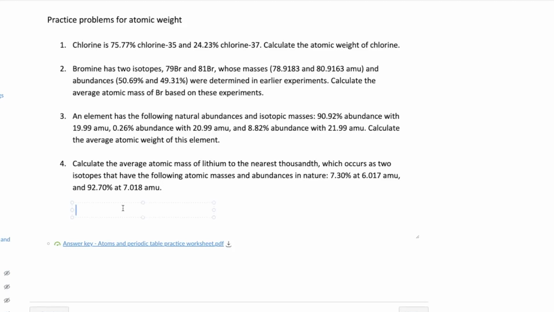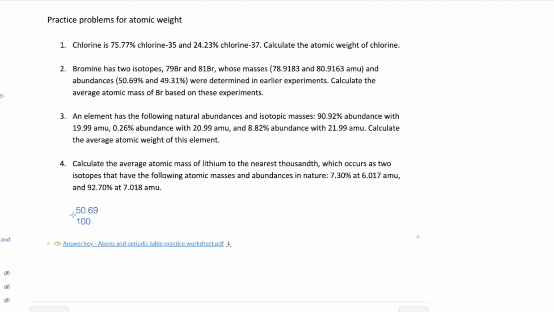We need to find the atomic weight contribution for each of these separately, and then after that we will add. The first one has a percent abundance of 50.69. To convert the percent to a fraction, you need to divide by 100.